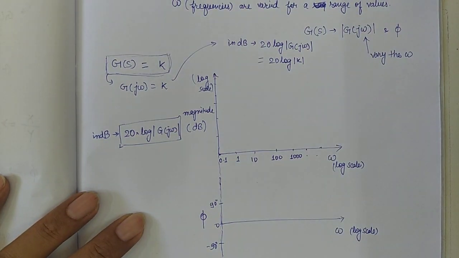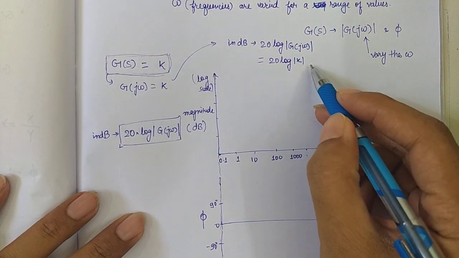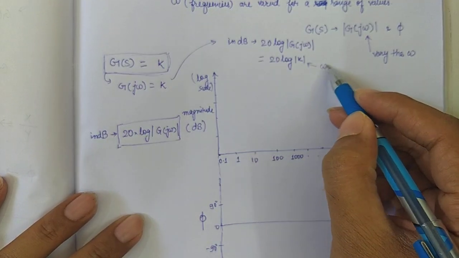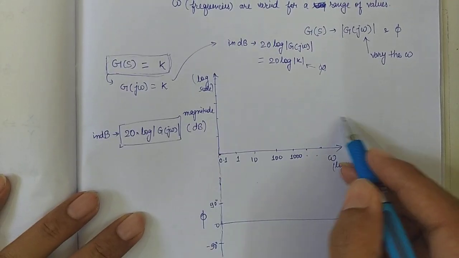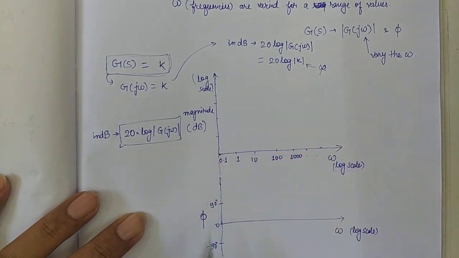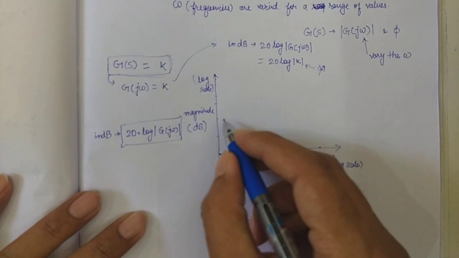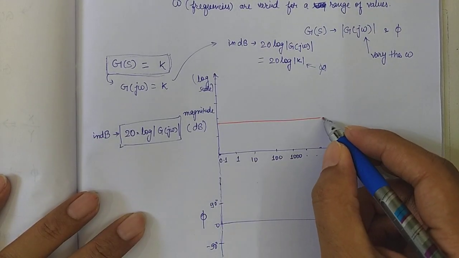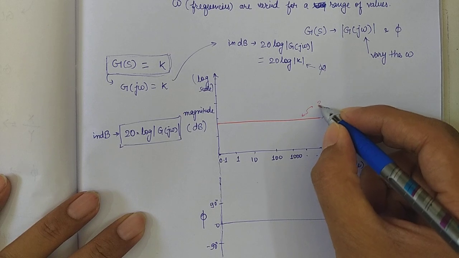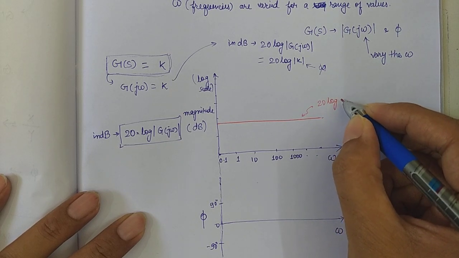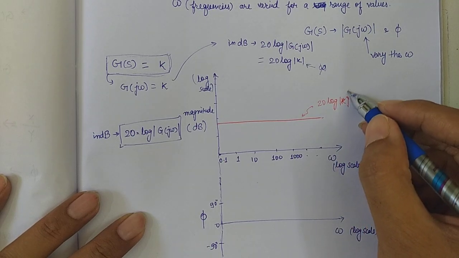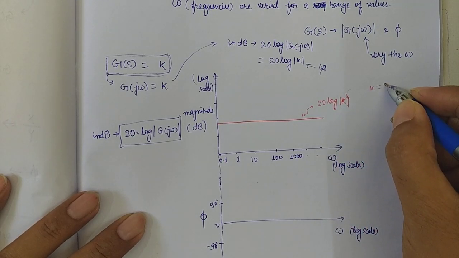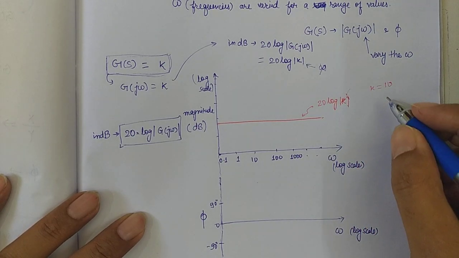Since K is independent of omega, no omega here, it will be a straight line, like this. This function is 20 log of mod of K. K will be some constant, let's suppose K is 10 for the time being.